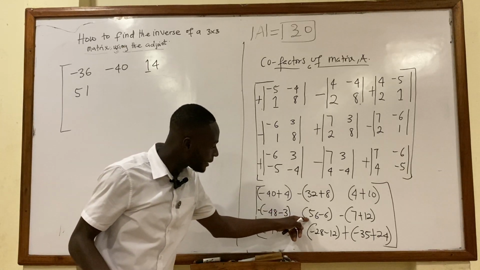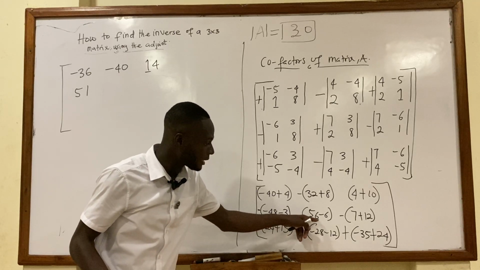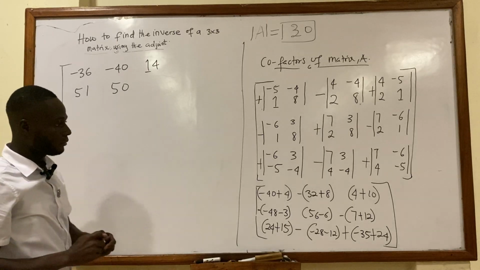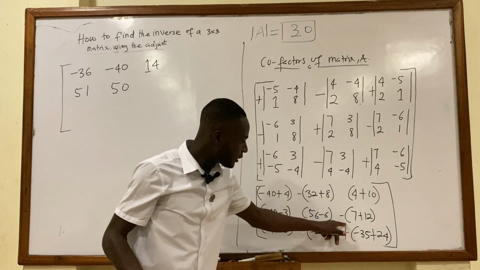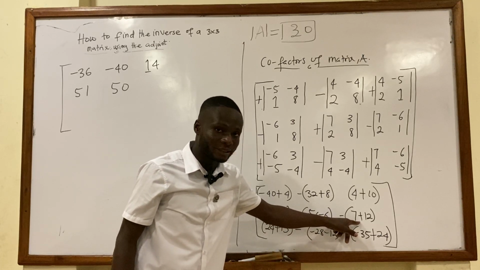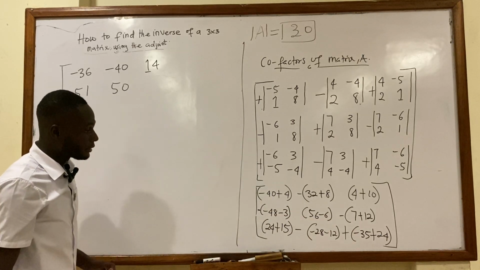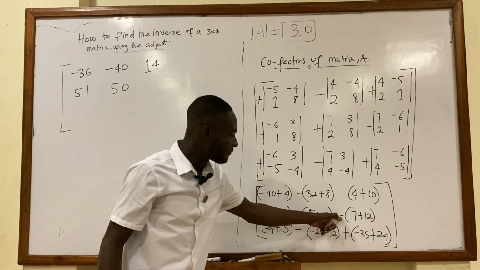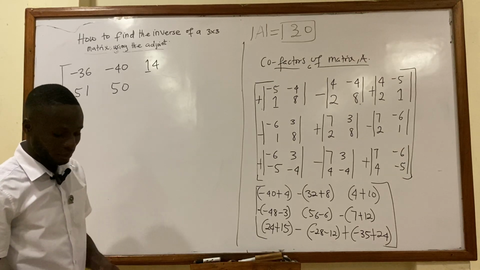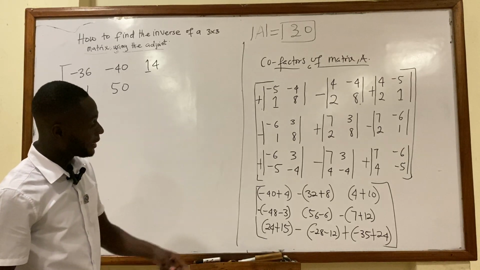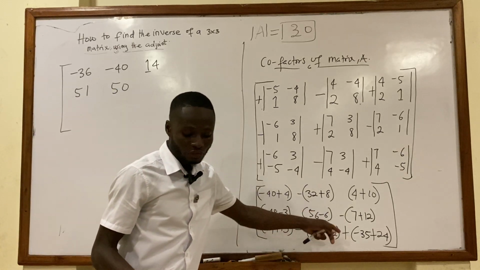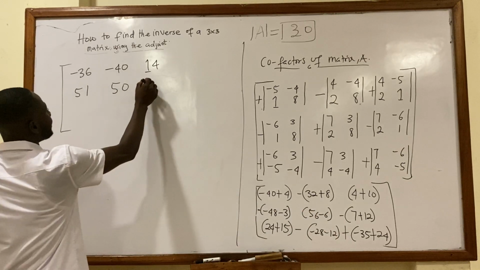And then the second element on the second row is 56 minus 6, and that is 50. The last item on the second row is 7 plus 12, which is 19, but it is affected by a negative, so it's going to be minus 19.